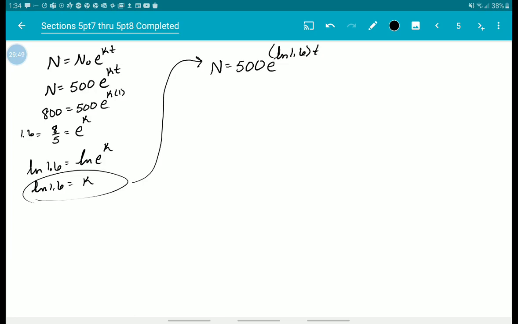So the second part of part B asked how many is going to be present after 5 hours. So we need to find N of 5. Be careful, all of this is in the exponent.